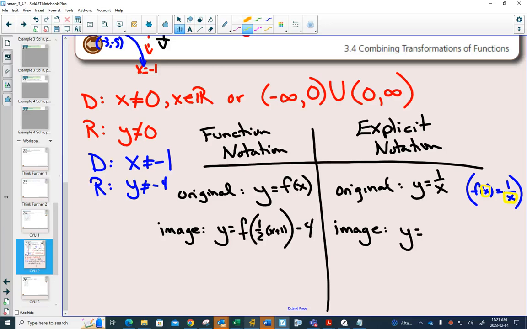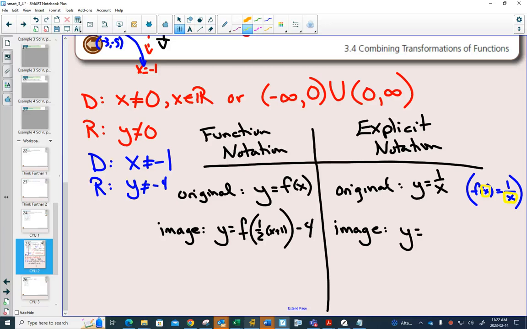It would be 1 over negative 7. Okay? What is interesting, though, is when we get creative, all of a sudden, our brains sometimes stop working. I could do f of Sam, and we would get 1 over Sam. That's totally allowed. Okay? It's weird, but it's totally allowed.